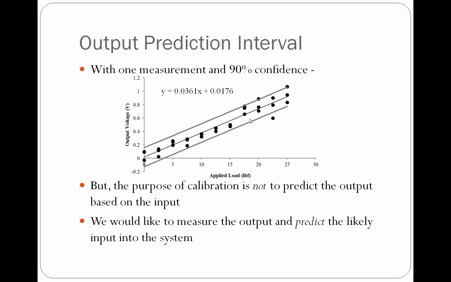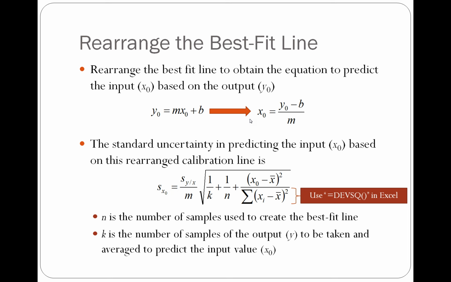Well, basically what we're doing is rearranging the best fit line. Instead of predicting the output y based on some input x, we rearrange the equation so that we're predicting x, our input, based on our output and our best fit calibration parameters m and b.